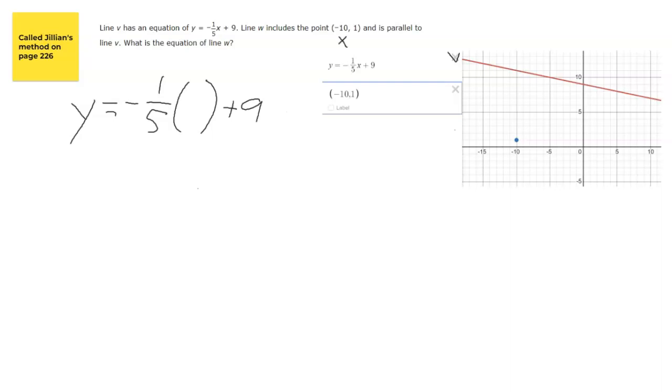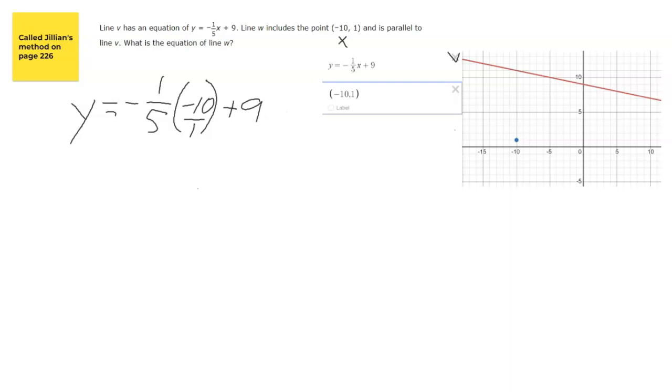We're going to plug this -10 in for x. And when I'm multiplying fractions, I like to put a denominator as well, and I know that -10/1 is the same as -10. I just like when I'm multiplying fractions, I like them to both have a numerator and a denominator. It's just a personal preference.